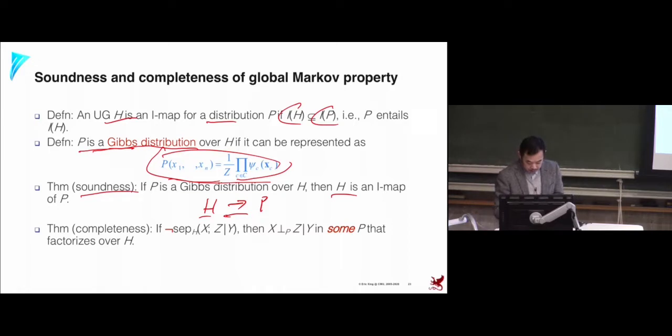For example, here is a statement of the completeness theorem, which says that if the triplets are not satisfying a graph separation property, or not satisfying the global Markov property, which suggests that they are independent, then if they are not in this set, they should be dependent, right?